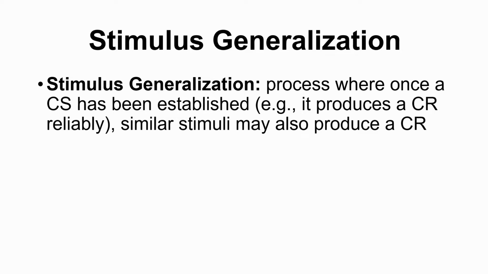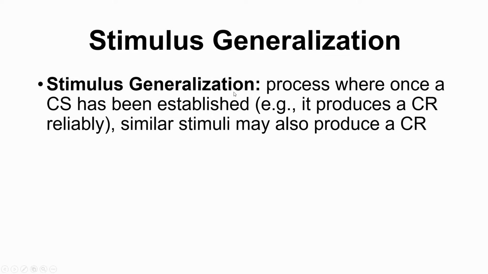So if we train a dog to salivate when they hear a particular bell, then maybe they'll also salivate when they hear a bell that's a little bit higher pitched or a little bit lower pitched, because bells are similar to other bells. So a similar stimulus might be producing a conditional response, maybe producing salivation, simply because it's associated with our original stimulus.